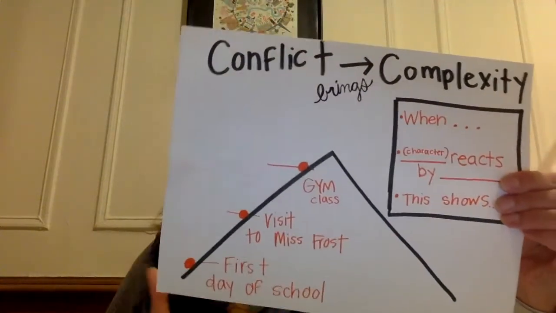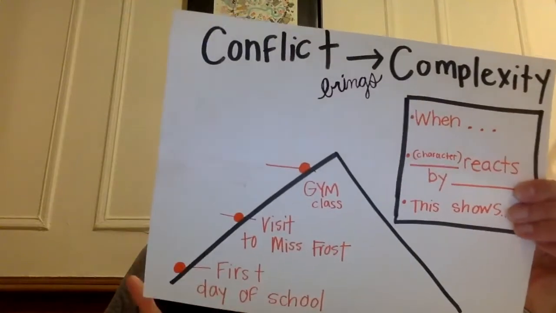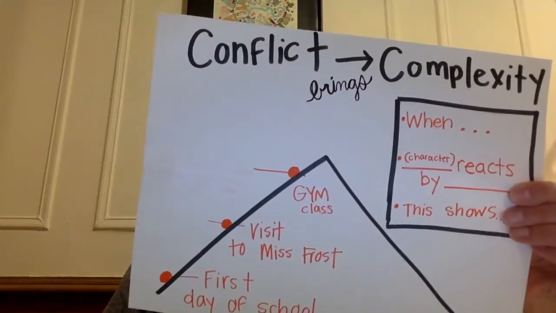So first you think about the conflict. Then you notice how the character responds or acts in that conflict, and then you describe the character in a way that reveals that complexity.